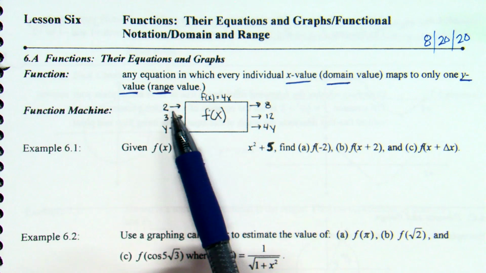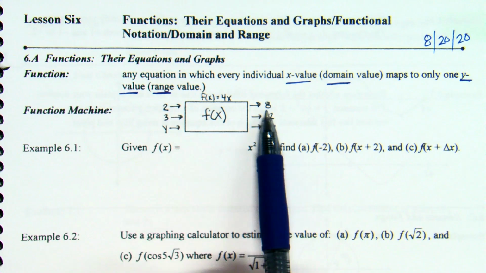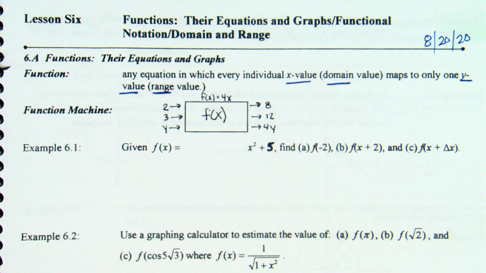So, for example, if you have the function f of x equals 4x, and the input is 2, in other words, your domain value is 2, then that means your output, or your range, is 8, because the machine is telling you to do 4 times the input, right? And that's just kind of a visual there.